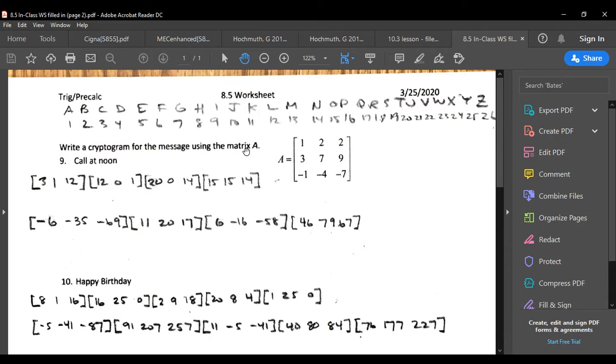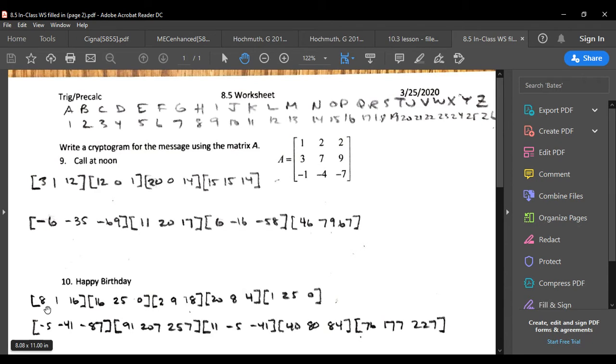For the second one here, 3 times 2 is 6, plus 1 times 7 is now 13. 13 plus 4 times negative 4 is negative 48. So 13 minus 48 would give me negative 35. And we could do the rest if we really wanted to.